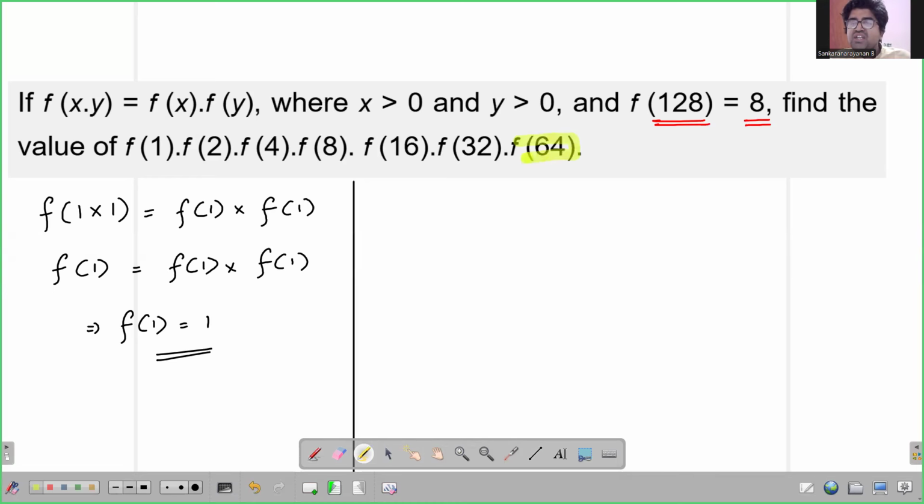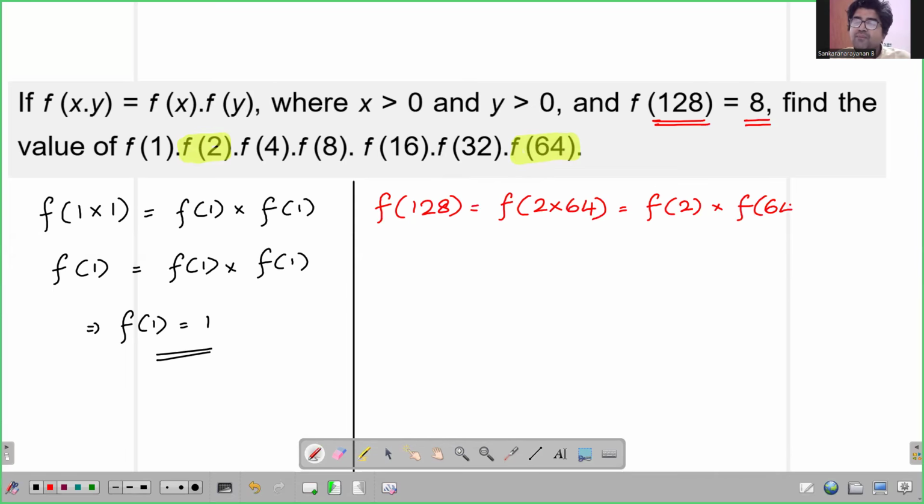Now, I want you to consider f of 64 is given here and there is an f of 2 which is given here. Please observe, can you not consider f of 128? It is equal to f of 2 into 64, that is equal to f of 2 into f of 64.